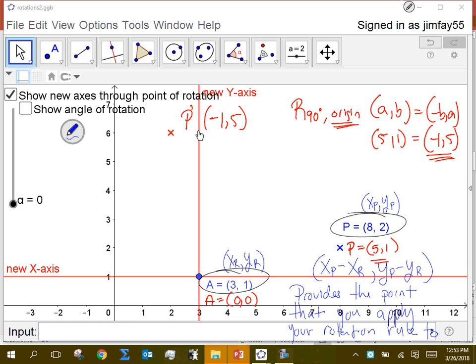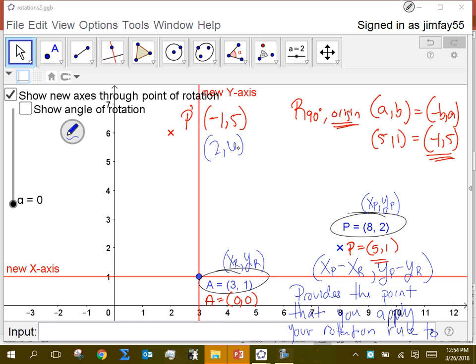Okay. Now to undo this, because P prime is basically flip-flopping these and negating this one, it's not going to be named off of the traditional 0, 0. So how do I put that? This was 2, 6, right? That's what our final answer was.